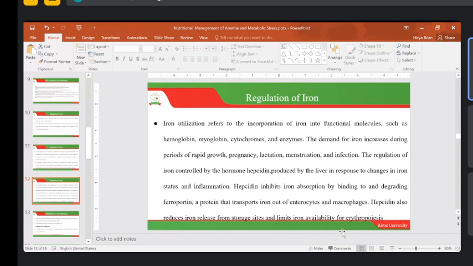And the demand for iron increases during periods of rapid growth, pregnancy, lactation, menstruation, and infection. This we saw when we were looking at the daily requirements, and also at the different categories requiring different daily intakes.